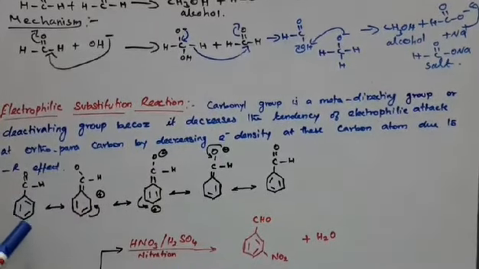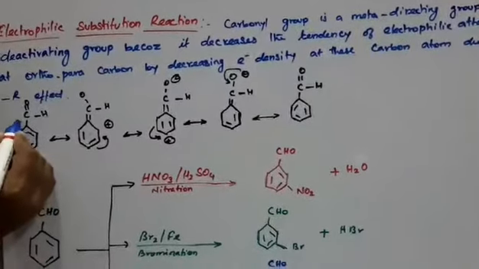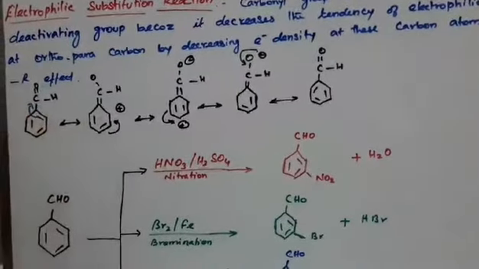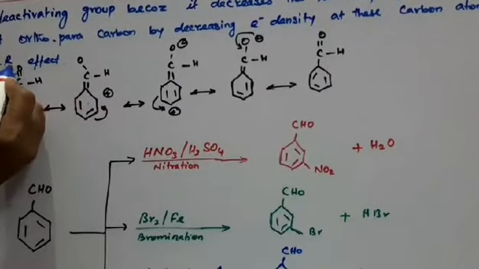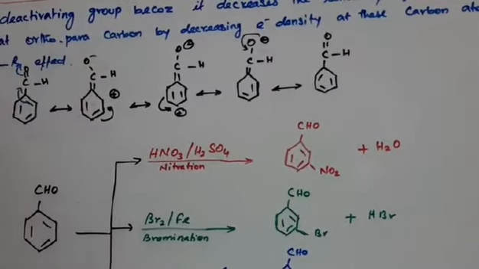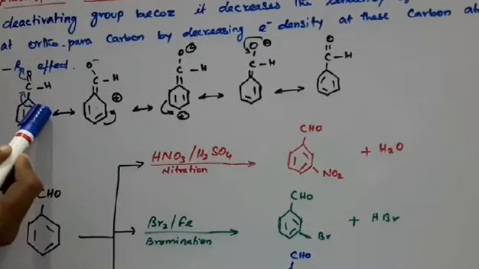Okay. So here the same pi bond shifting takes place, so automatically it attains a positive charge. At that time the pi bond shifting takes place, it attains O minus. After that this pi bond comes to this position.